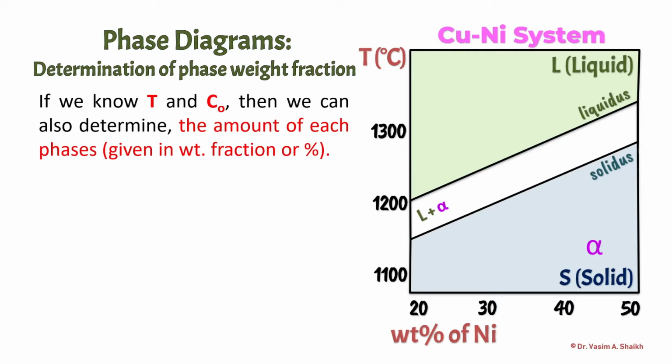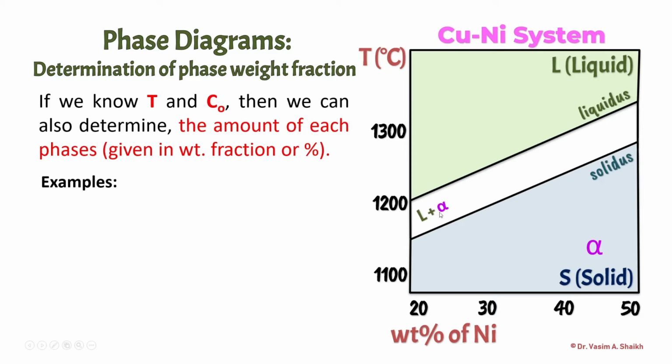In simple terms, if we are in this region, of course we will have 100% liquid. If we are in this region we will have 100% solid. But the complication comes into the picture when we are in the phase field of liquid plus alpha.